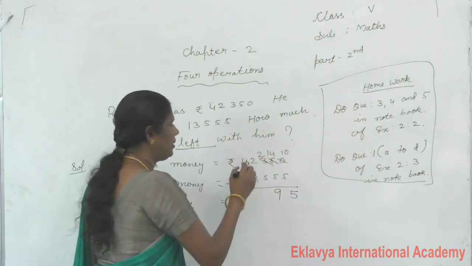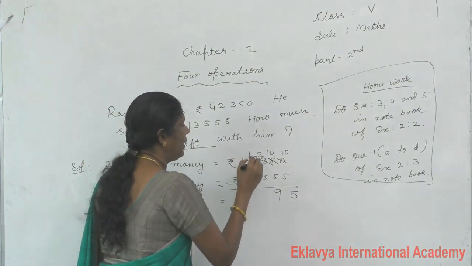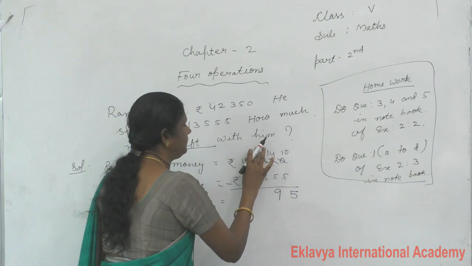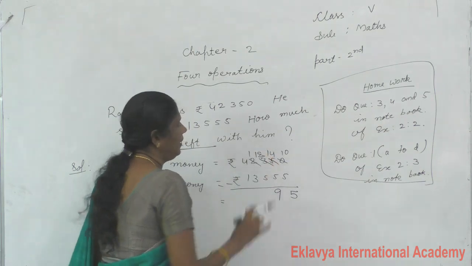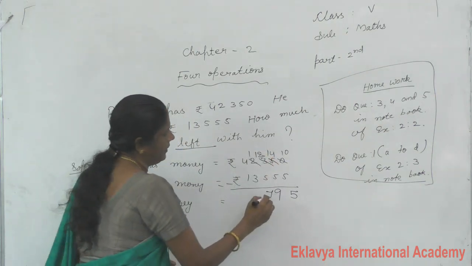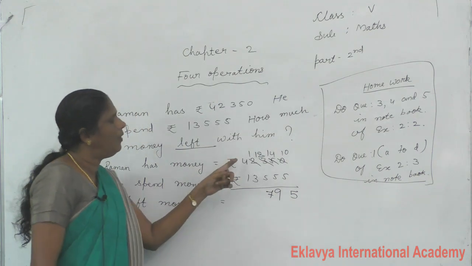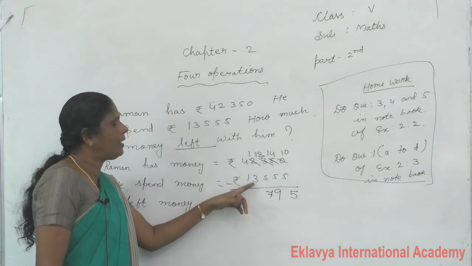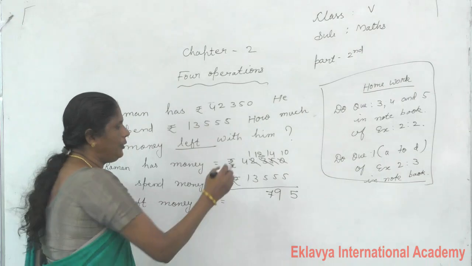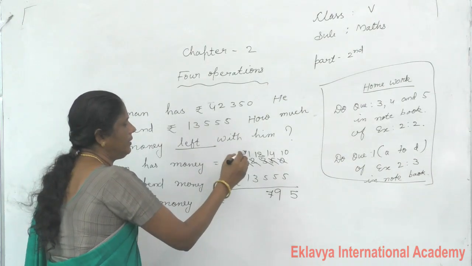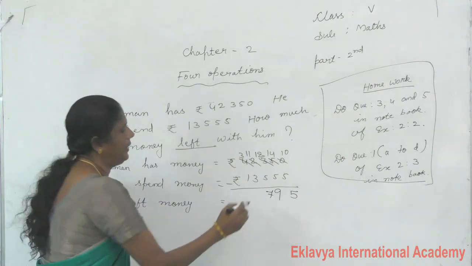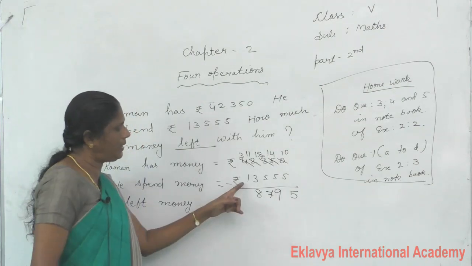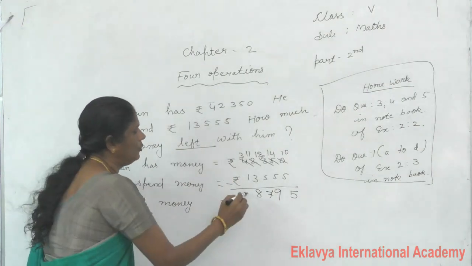No. You take a borrow, this goes to 1, this becomes 12. Then 7. Then again 3 take away from 1, is this possible? No. This is cut to 3, this becomes 11. Then 8. Then 1 take away from 3, 2.